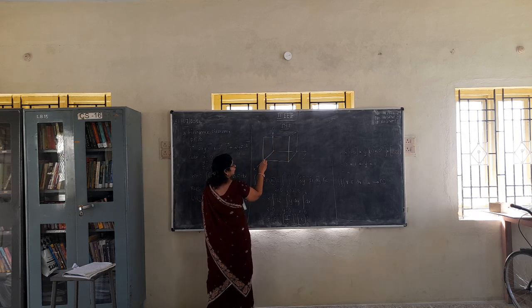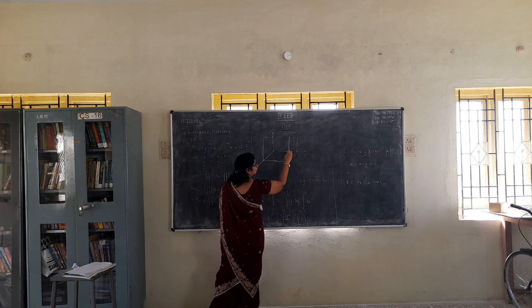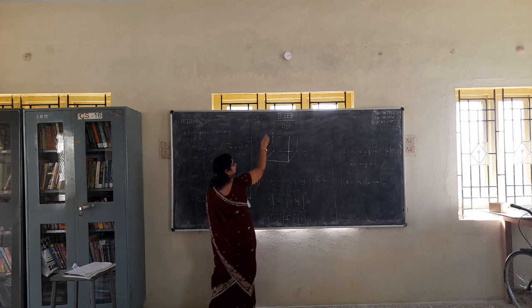To draw the cube, on the Y axis this is 1, so I'm drawing here. On the X axis this is 1, so I'm drawing here. So this is your cube.